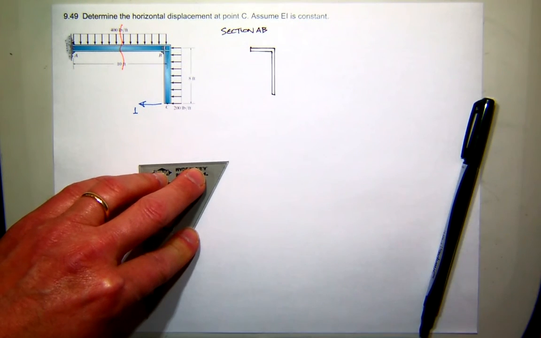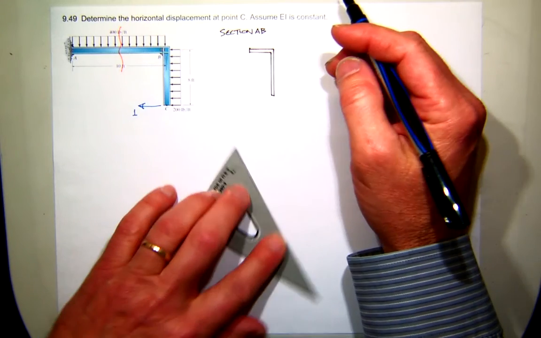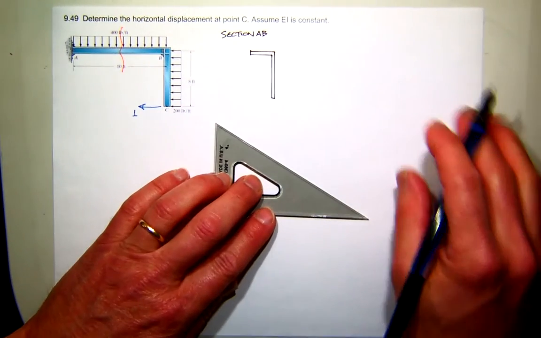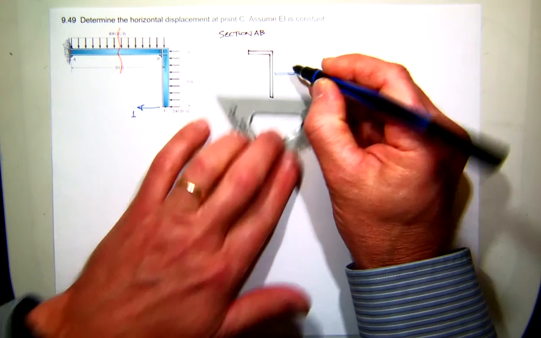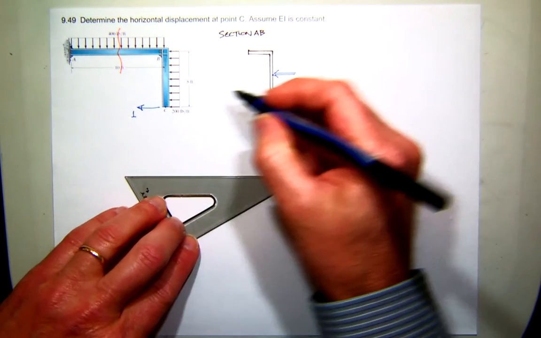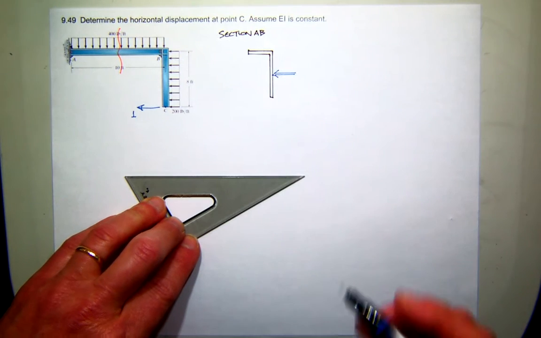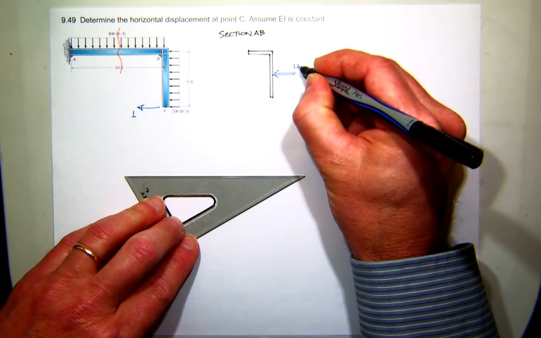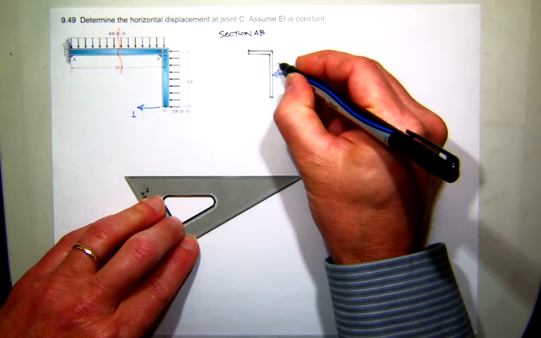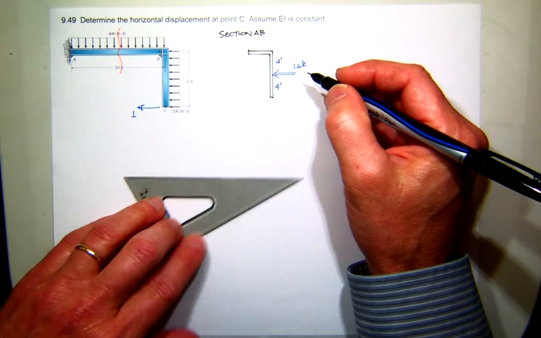On the right-hand side here, I'll have the concentrated equivalent force, which will be equal to 200 pounds per foot times 8 feet. That's 1,600 pounds, or 1.6 kips. And that's located in the middle, 4 feet, 4 feet.